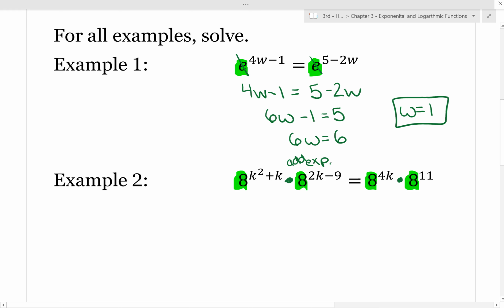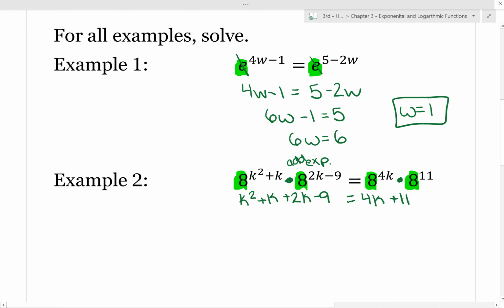So that means we're just going to go k squared plus k plus 2k minus 9 has to equal 4k plus 11. So basically what we did is we combined them to be one exponential, and then we dropped it. So we just kind of did it in 2 steps.